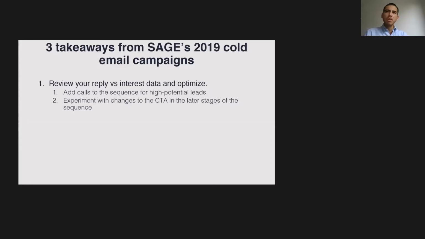You probably can't do that for every single prospect, unless you're only targeting a small number of prospects. But if you've got a large number of leads coming through, it might make sense to segment these lists and only add call steps for those who are your most important, maybe your tier 1 clients.